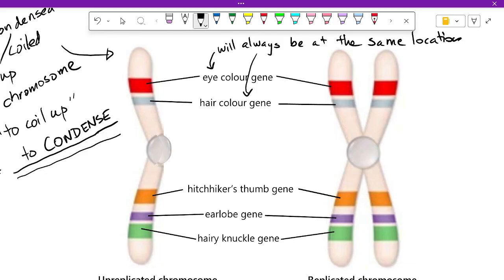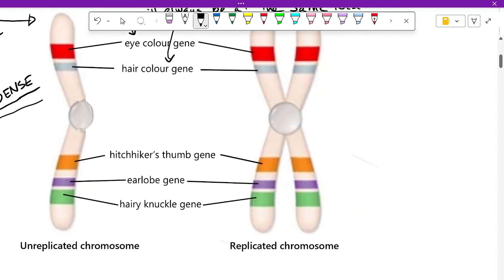Your earlobe. Here's another one that you can check out. The earlobe gene.